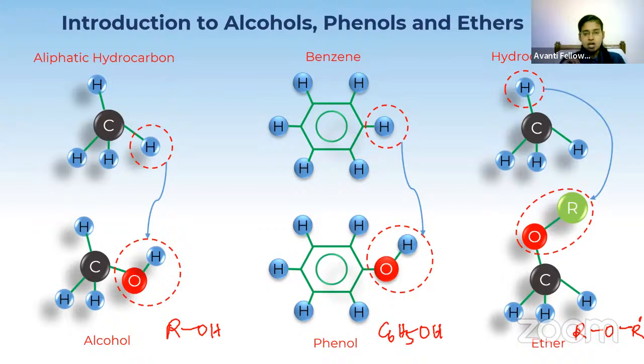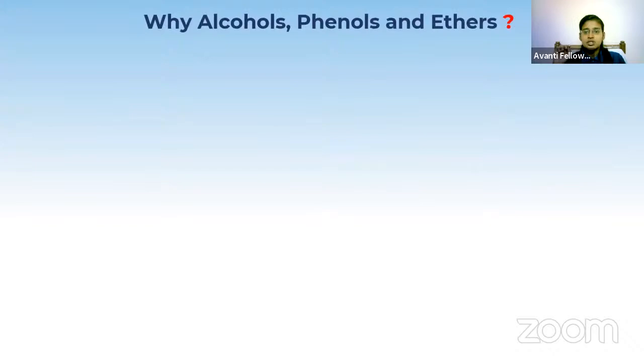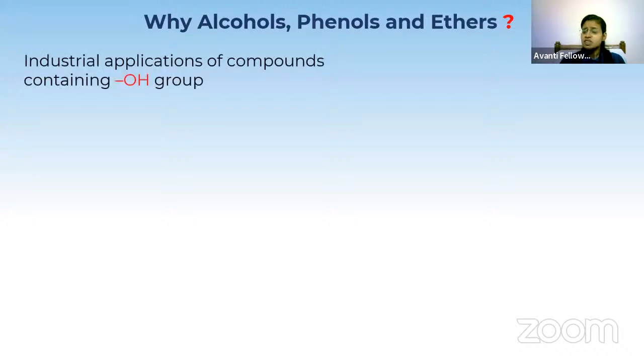Before moving on to the concept, we should ask ourselves why we need to study alcohols, phenols, and ethers. There should be some applications for the compounds which we are forming. The main application is industrial. The OH containing compounds have several industrial applications.